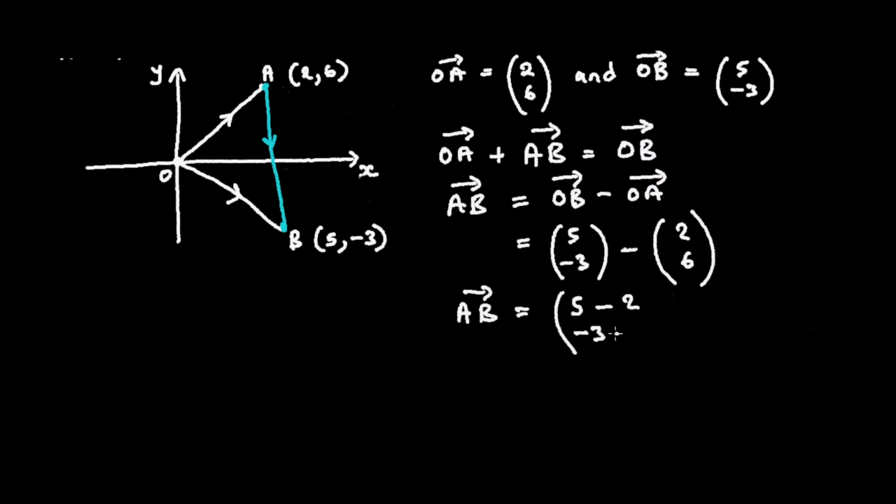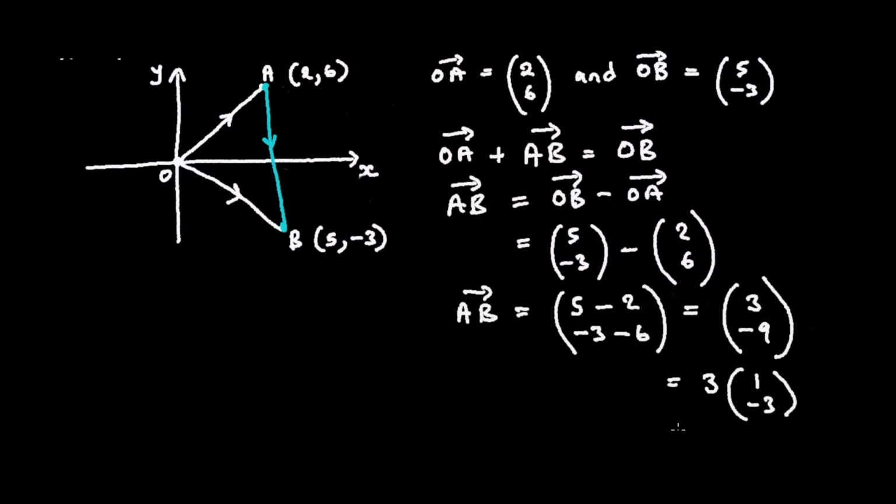Then here we say minus 3 minus 6, which is equal to 3, minus 9, like that. So we are going to later introduce dot product, vector multiplication, scalar multiplication, with scalar multipliers, which is going to tell us that here we can actually factor out 3 so that it becomes 1, minus 3, like this.